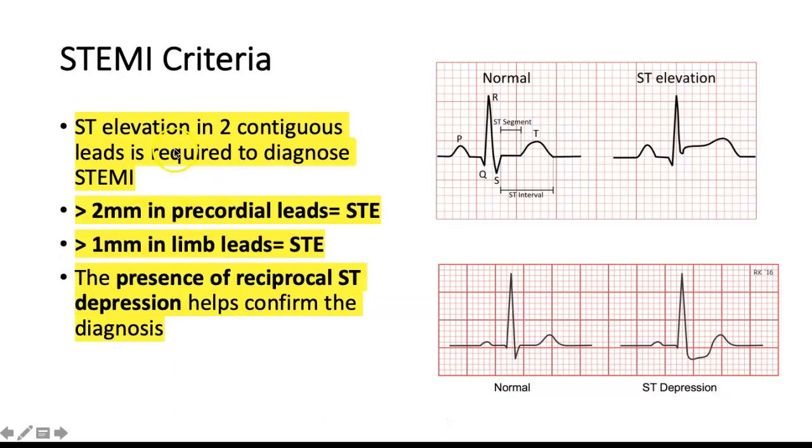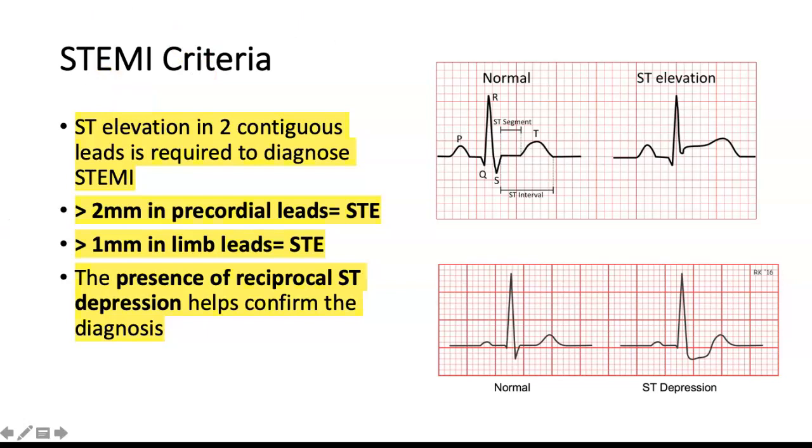So STEMI criteria, so this is the ST segment elevation myocardial infarction. The criteria are that you have ST segment elevation in 2 contiguous leads. That means 2 leads like V1, V2, V3, V4 that go together. And the ST segment elevation will be greater than 2 millimeters in the precordial leads and greater than 1 millimeter in the limb leads.